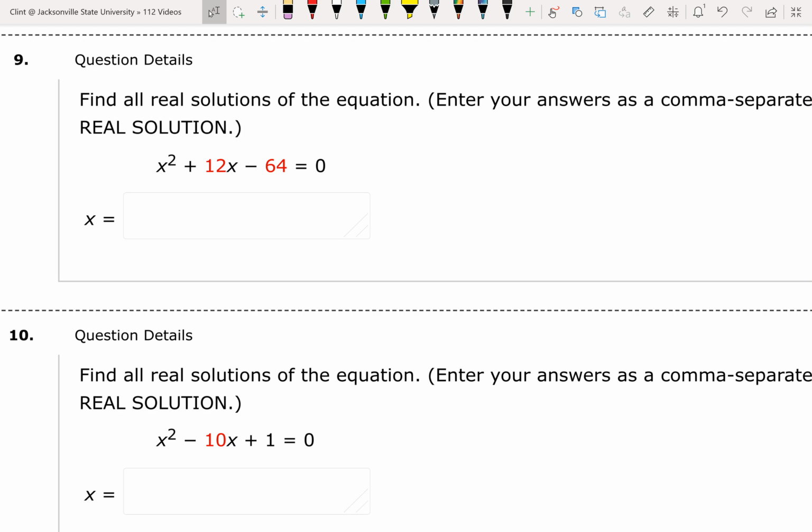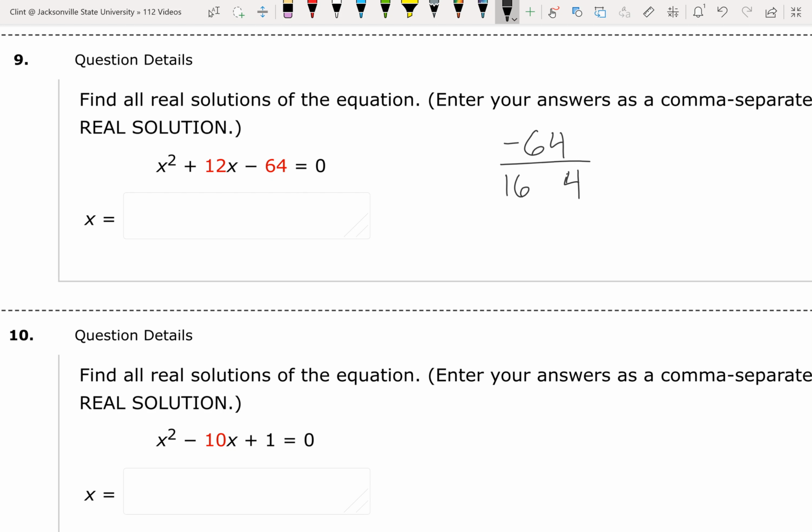Okay, my first choice. So we would need factors of negative 64 that add up to 12. So let's see, 8 times 8. What else doesn't work? What else goes into 64? 16 and 4. Oh, okay, so that one looks promising.